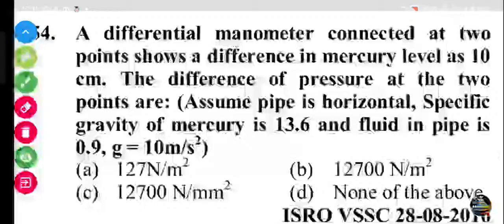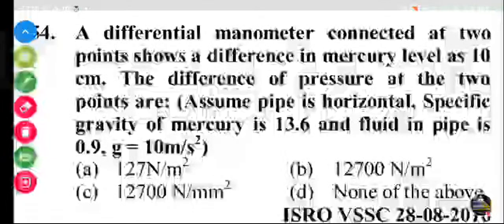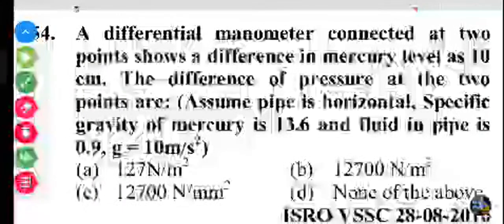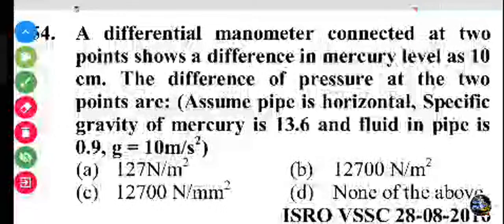Next question. The difference in mercury level is 10 centimeter. Find the difference of pressure at the two points, assuming the pipe is horizontal.